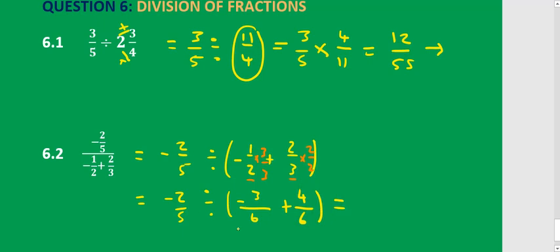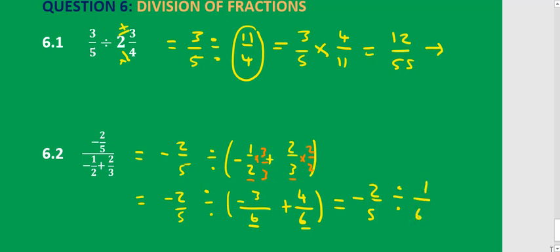Alright, now that the denominators are the same, we will be able to add those fractions. So negative 3 plus 4 is 1 over 6.